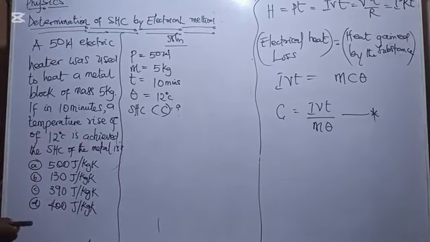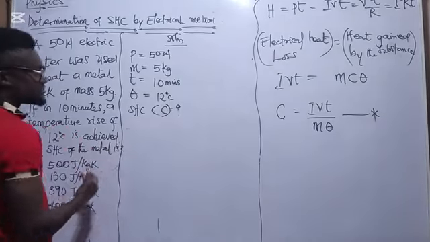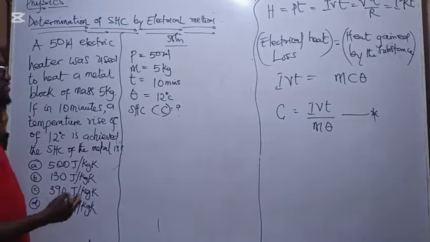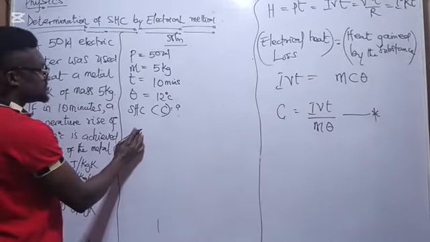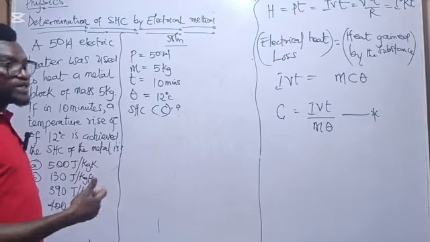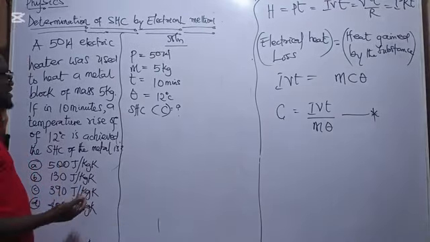So at this point, we now have to simplify this following the principle of conservation of energy. So we said the electrical energy loss will be equal to the heat gained by that substance, which is the metal block.